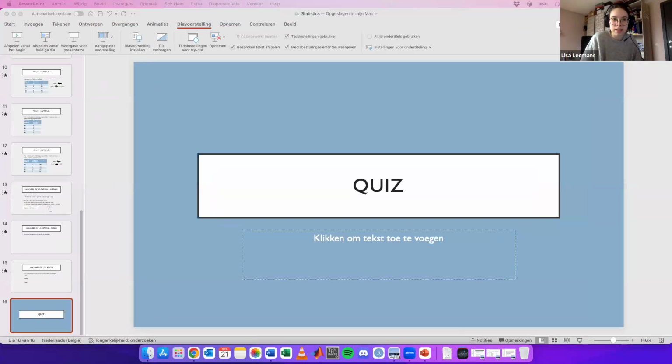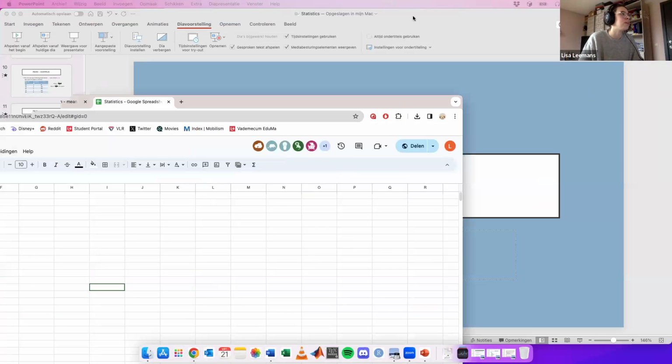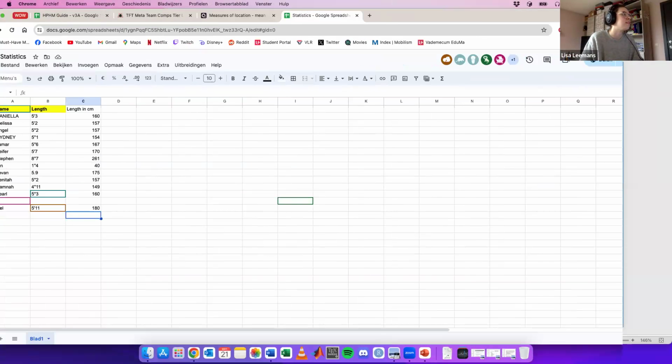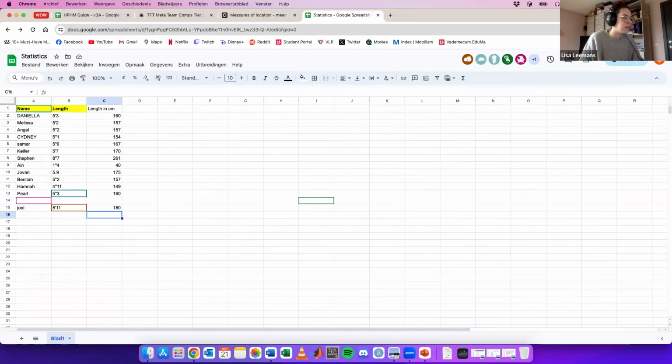I saw that you put the lengths down as feet and inches, so just to make it easier to calculate with, I put them down as centimeters. I think you guys can see my screen, yes.